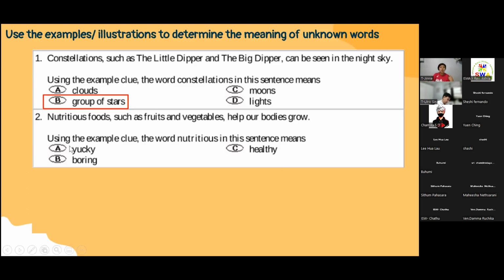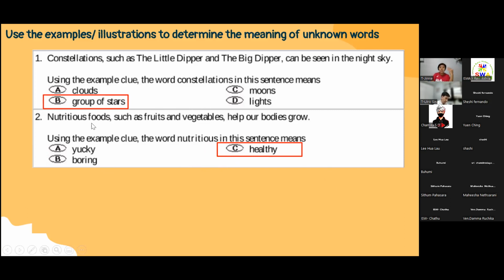These three answers are quite straightforward. Yucky, boring, or healthy? So nutritious means? Healthy. Very good. Yes, it means healthy.